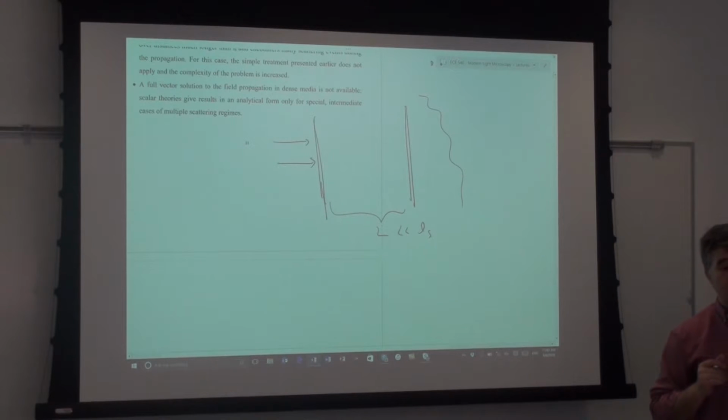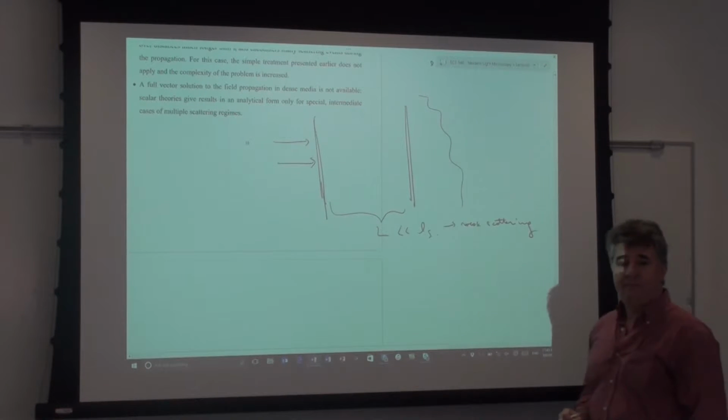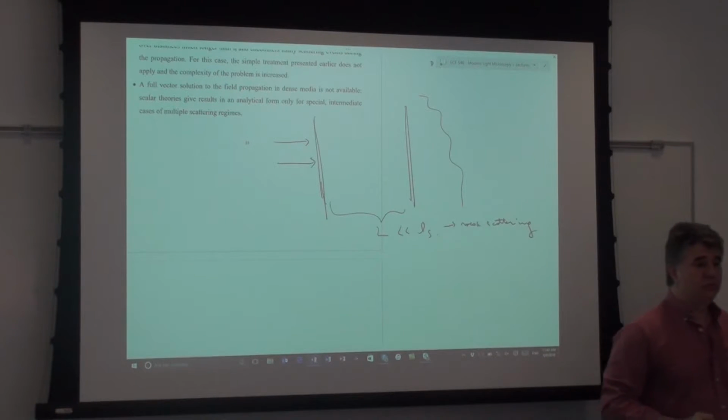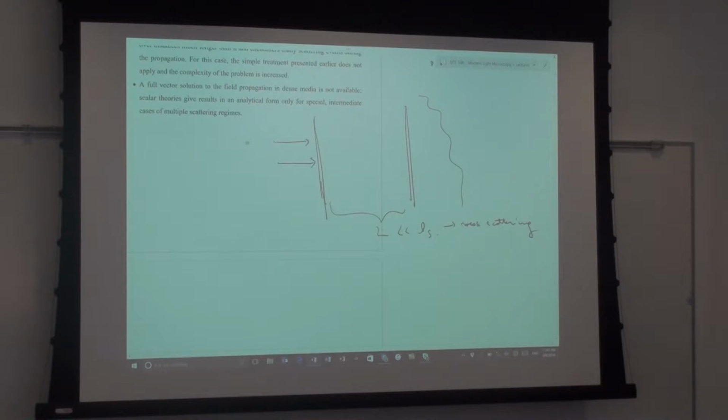Yeah, less scattering. So this is my weak scattering approximation. This is the Born approximation. But now when L is much bigger than L_s, this is the strong scattering approximation.